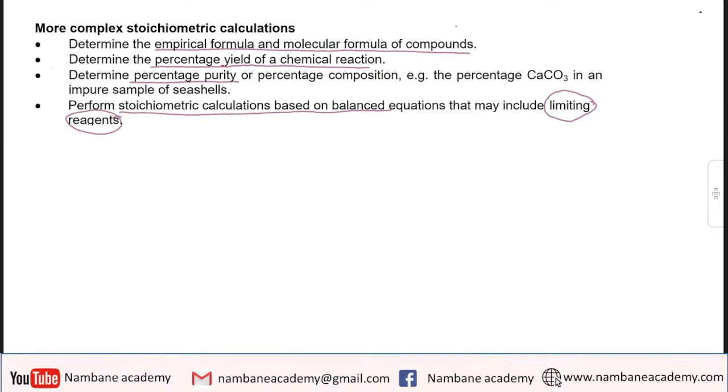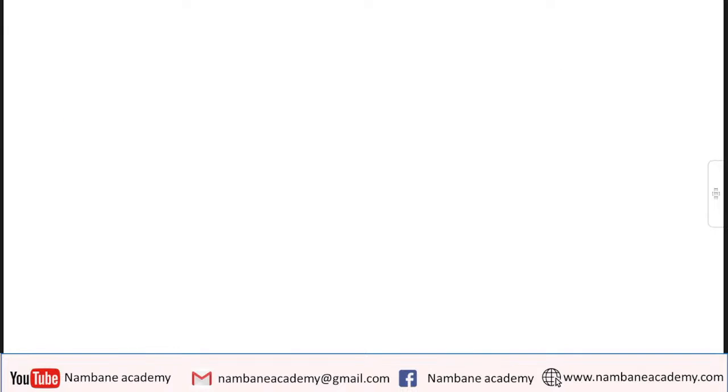We are going to start with the percentage purity. Now, with percentage purity, what does it mean for us? It basically means we are interested in knowing the contribution of each element in the formation of a compound.